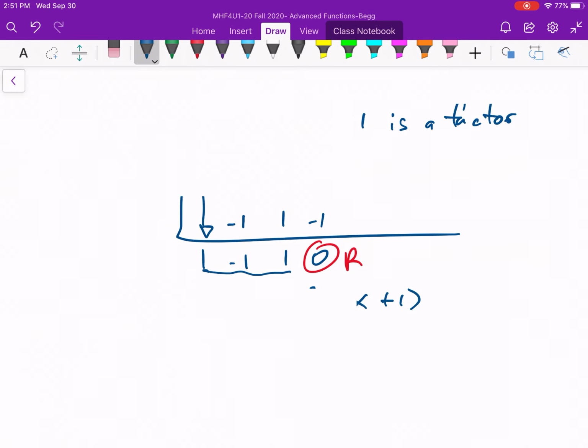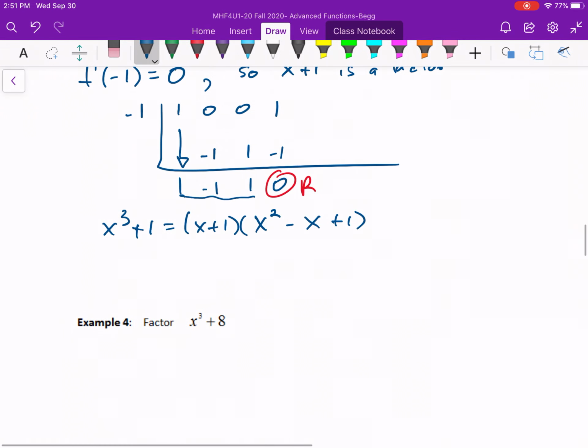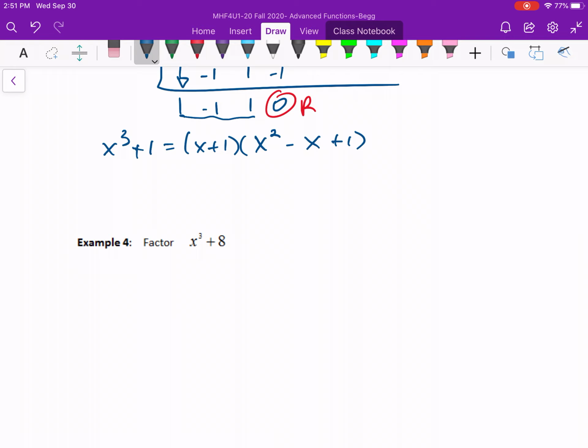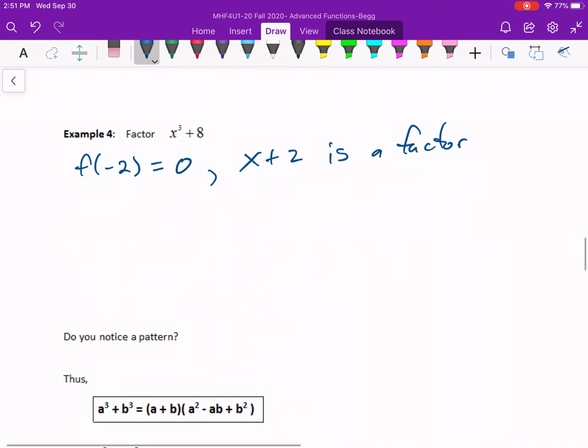Doing the same thing one more time with x cubed plus 8. Again, hopefully, because it's a simple binomial, we can see that f at negative 2 is going to equal 0. Negative 2 cubed is negative 8, plus 8 is 0. So we can see that x plus 2 is a factor. We can go through the synthetic division again quickly.